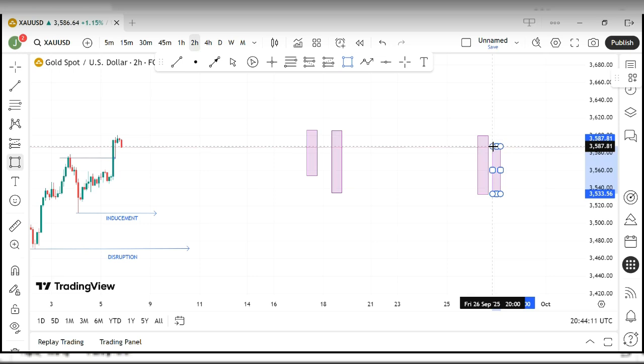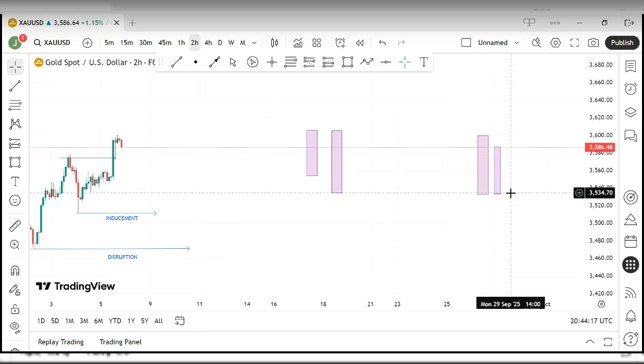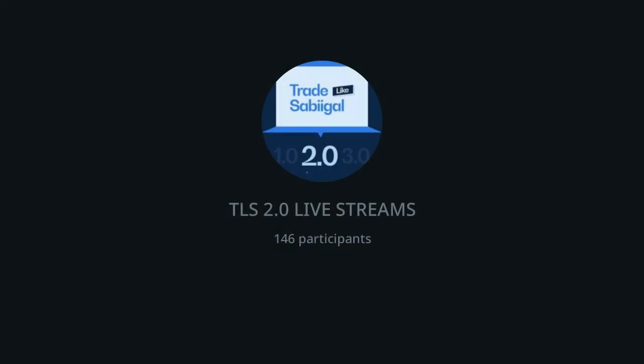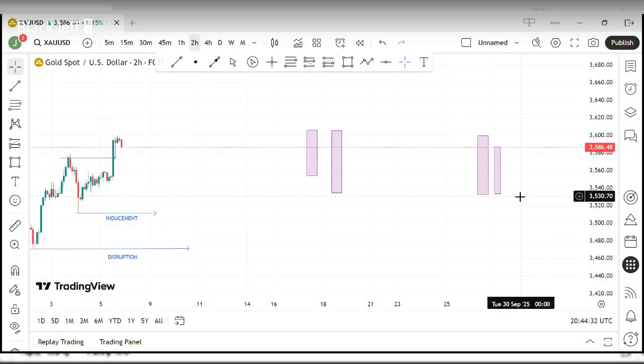Equal or almost equal low, or almost equal high. I hope you guys are writing this down. That's my own definition of key level.